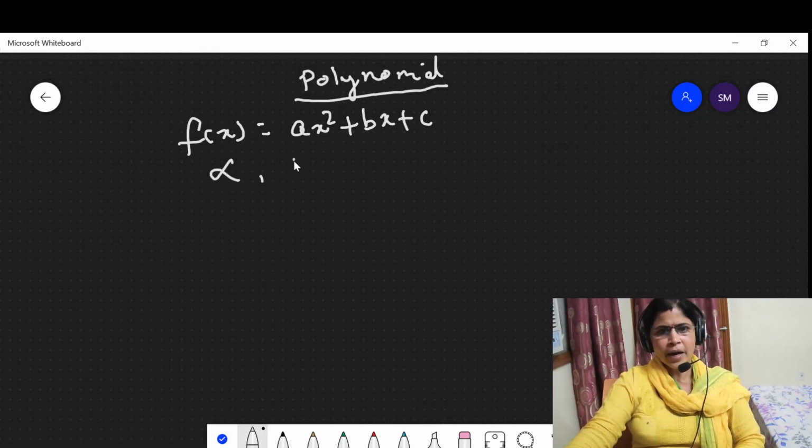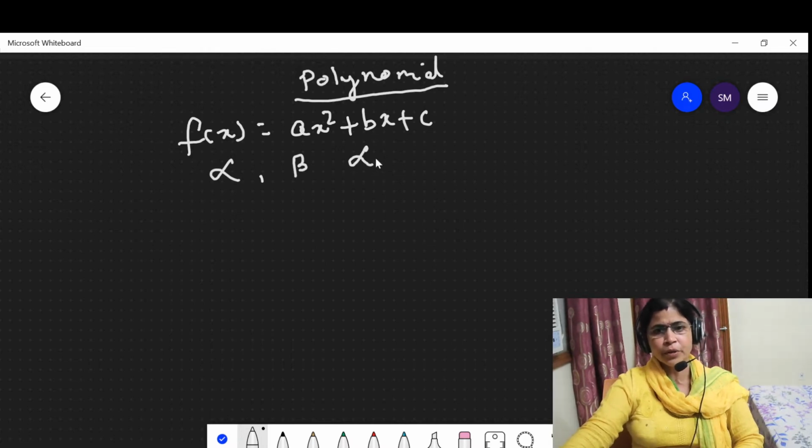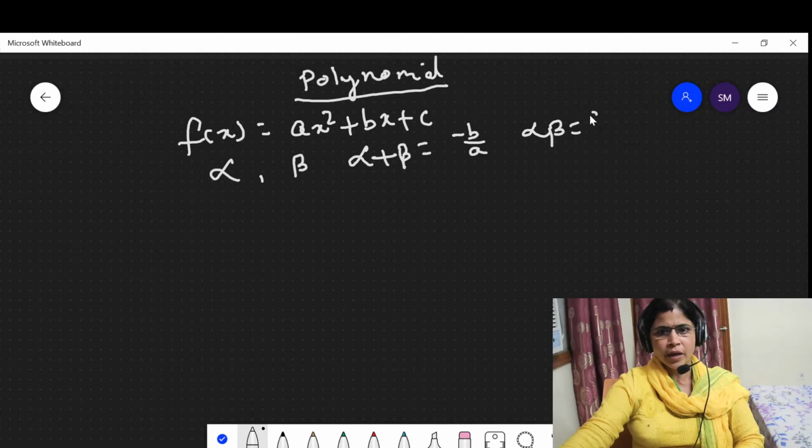Suppose alpha and beta are the two zeros of this polynomial, then the relationship between the two zeros says alpha plus beta is equal to minus b upon a, and alpha into beta is equal to c upon a. This is the basic relation between the zeros of the polynomials.